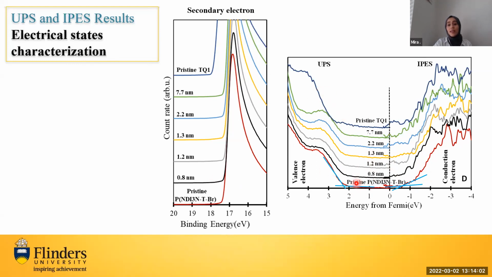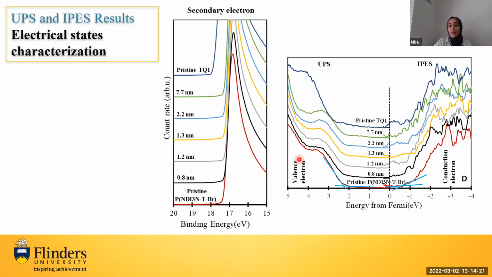The valence band for pristine TQ1 shows a change. We found it here for TQ1: there is a shift for pristine TQ1 on top of pristine P11 on ITO.